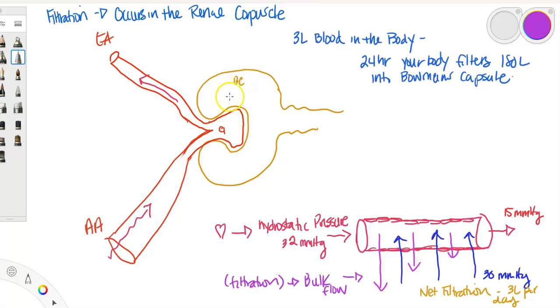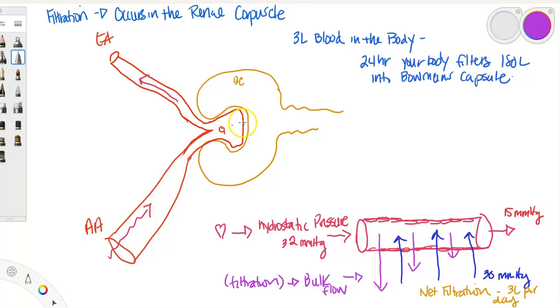So that's what's going to happen up here in the renal corpuscle. So we know that blood is flowing into the glomerulus from the afferent arteriole and flowing out the efferent arteriole. We know that there's blood pressure, hydrostatic pressure, because this is blood flow, right? So it goes into the glomerulus, and you have that 33 millimeters of mercury.